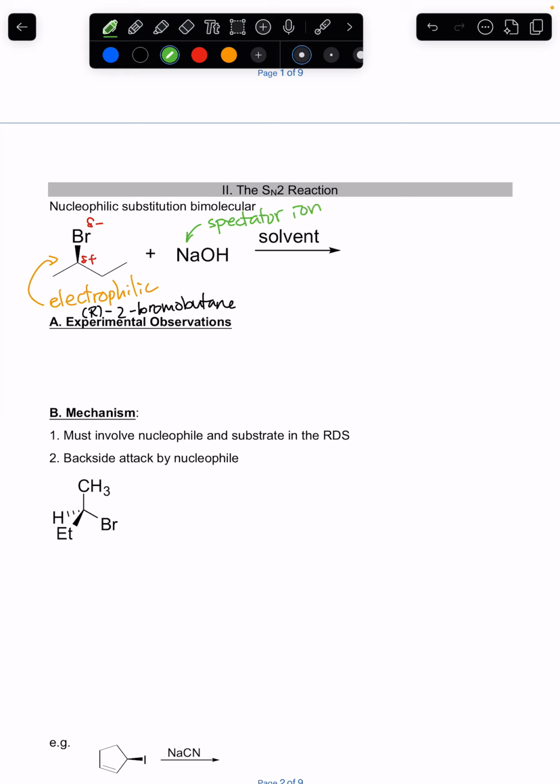It's good at not doing anything, right? And so that means the hydroxide ion is the nucleophile. And then there's some sort of a solvent, and the product that we're going to get through the SN2 reaction will look like this.